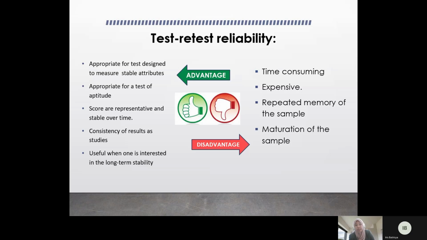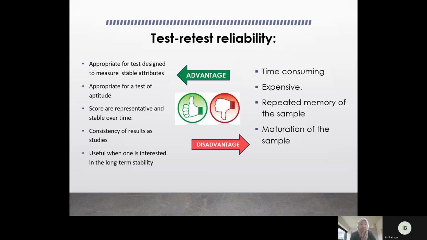Okay, consistency of result as study. Okay, ini dapat menyumbang kepada dapatan kajian yang konsisten kerana retest menjadikan item yang diuji itu reliable. Jadi bila dia reliable, bila digunakan di ujian yang sebenar, keputusan ujian yang sebenar nanti akan jadi lebih kurang ataupun konsisten.